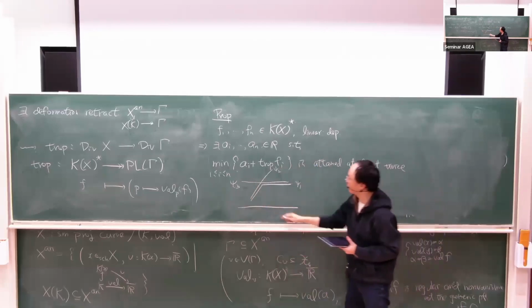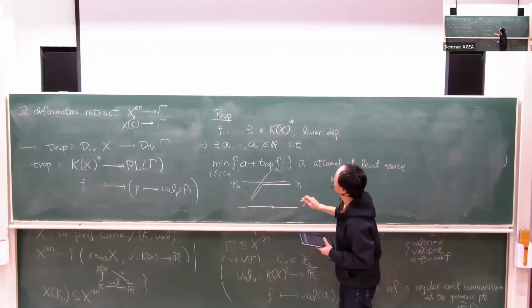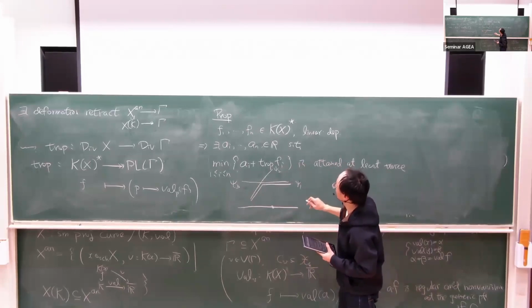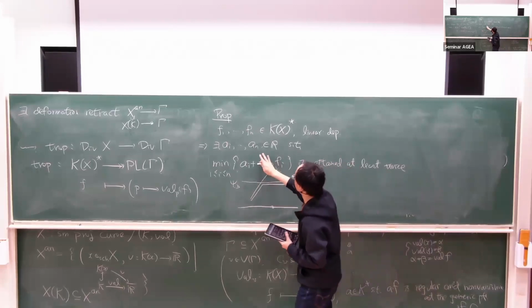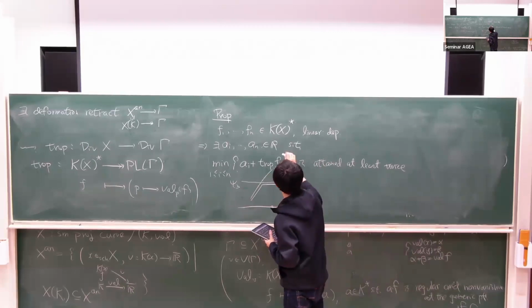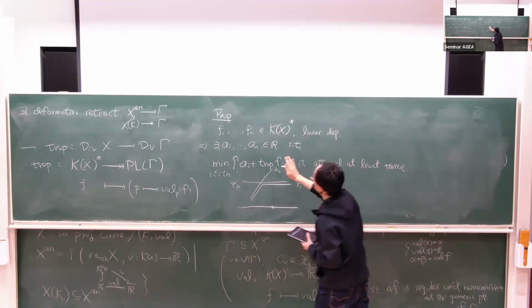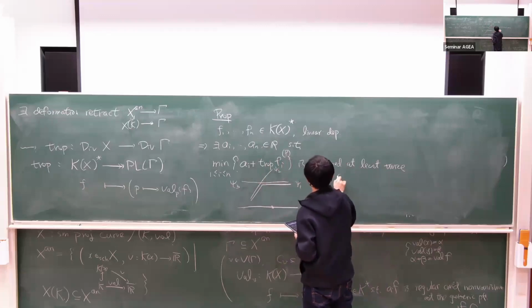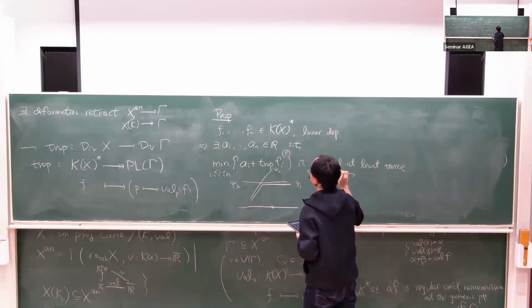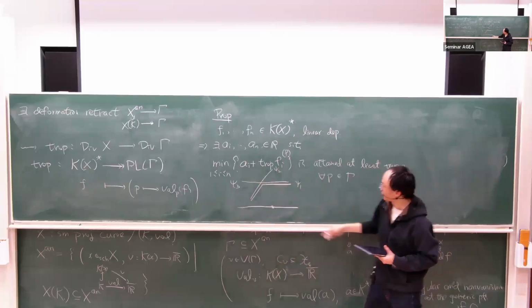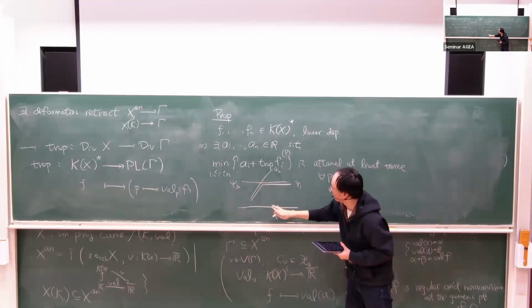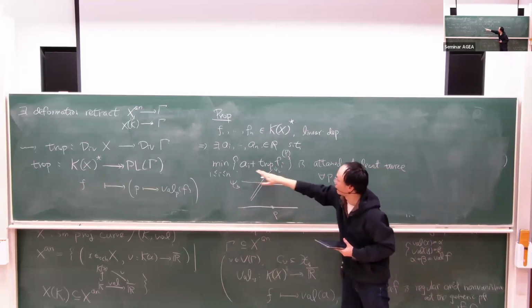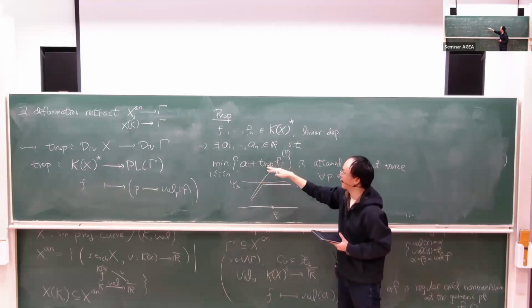And at each point, this is your arbitrary point P, you consider the minimum of this set of numbers.